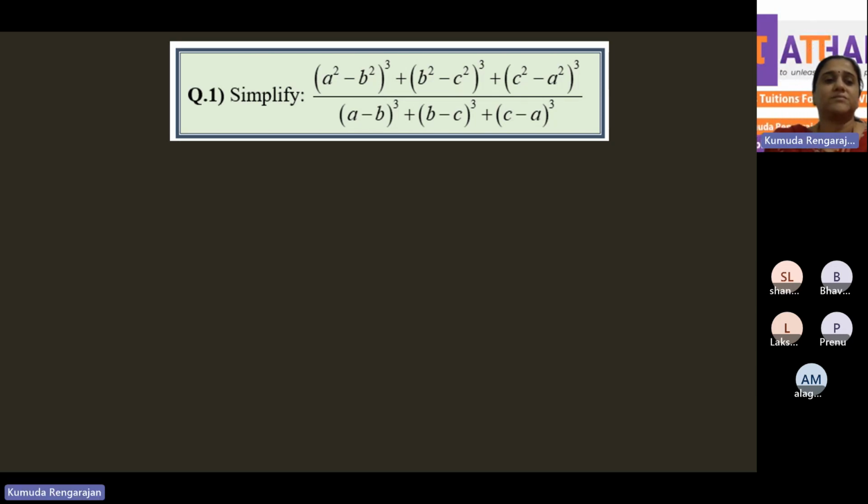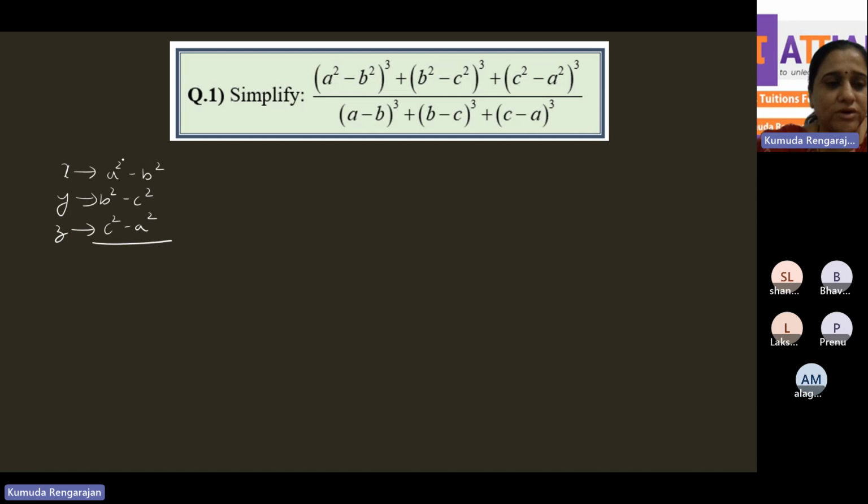So how do you check? We call the numerator xyz, right? So what is x in the numerator, children? x is equal to a square minus b square. What is y? And what is z?